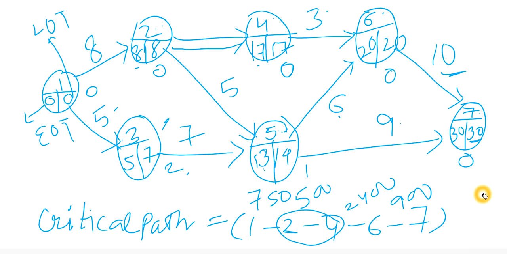The crash time of this activity 2 to 4 is 6. So I'm going to write 6 here. As I have written 6 here, I have to prepare the whole network again. So this is quite a lengthy process. So now moving forward, I will make the network again.